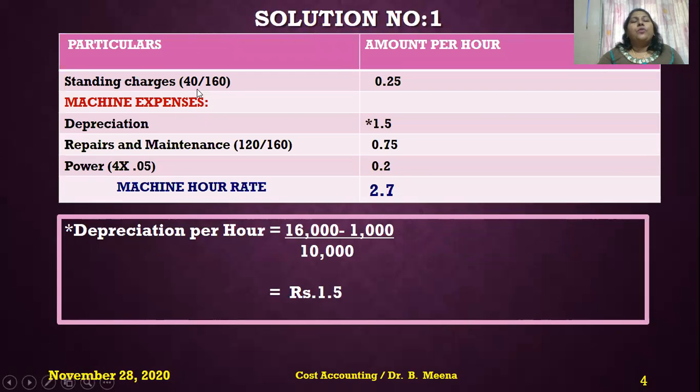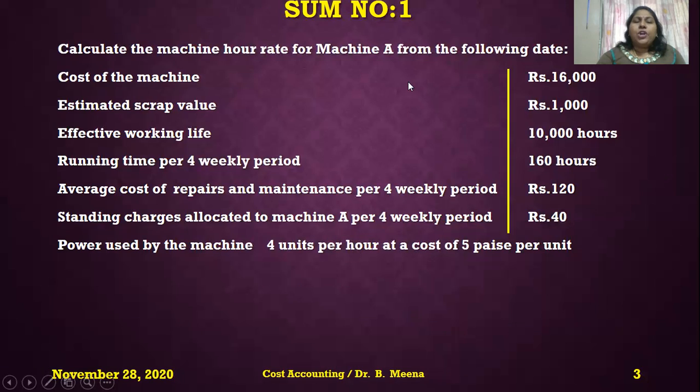Standing charges 40 rupees divided by 160 hours means I'll get the amount per hour as 0.25, because 40 rupees for 4 weeks, so for 1 hour I need to use the running time for the 4 week period. So 40 rupees divided by 160 hours will tell you the standing charges for machine A for 1 hour.